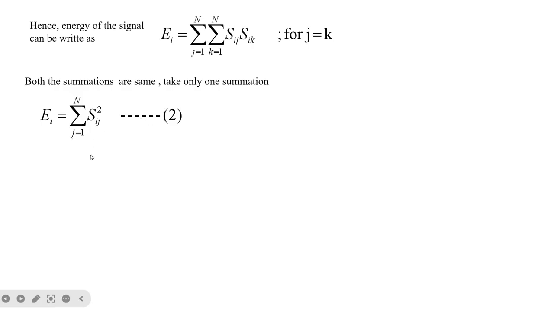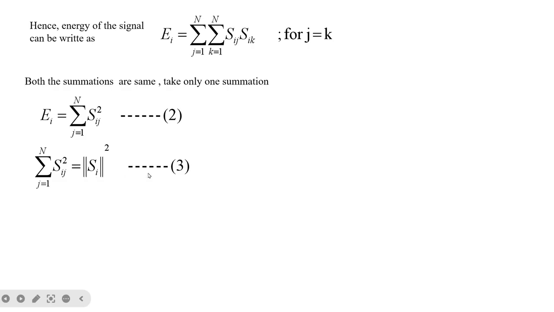Now, summation j is equal to 1 to N Sij square can be written as Si square within the double lines, which will indicate the length of the signal vector. So we take this as equation number 3. Okay, this indicates the length of the signal vector. Now by comparing equation 2 and 3, we can write that Ei is equal to what?